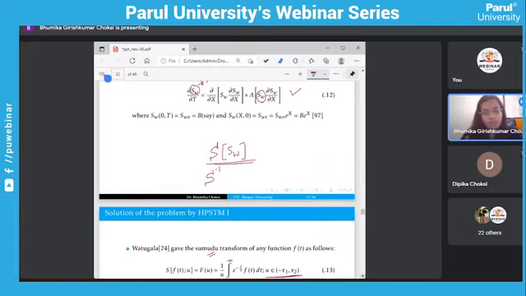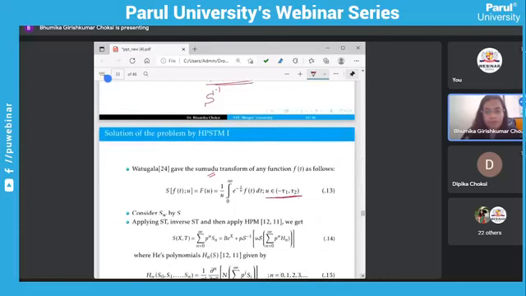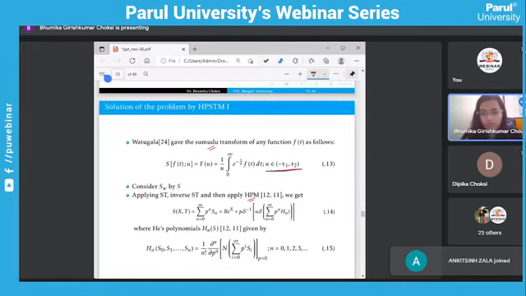And after that, to remove the non-linearity, I have to introduce the homotopy perturbation method. What is the homotopy perturbation method? It includes the homotopy parameter, called p, and again it is a big topic, more than one session.